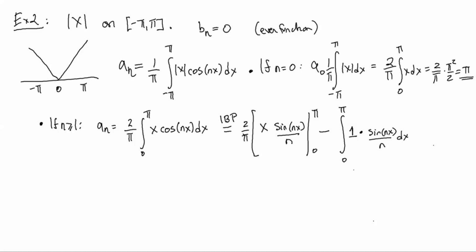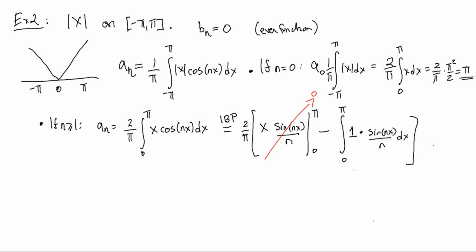That's what happens if you do integration by parts here. Okay, so the first term is actually 0. Why is it 0? It's because of the sine, correct? Sine n pi is 0. So only the second term survives.